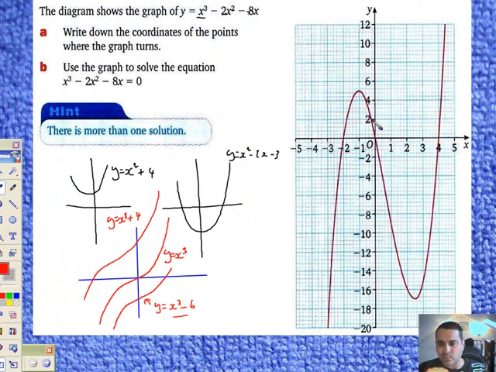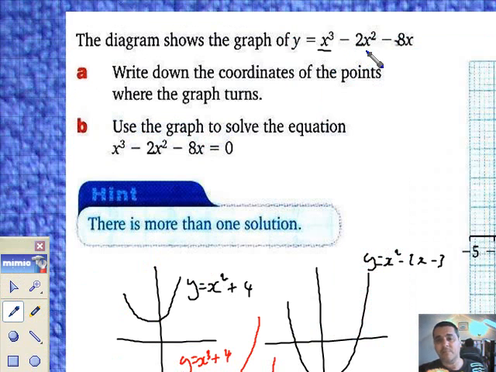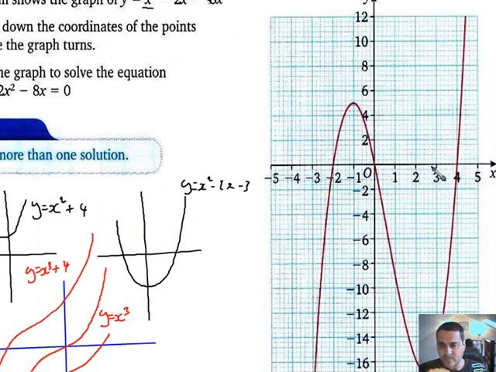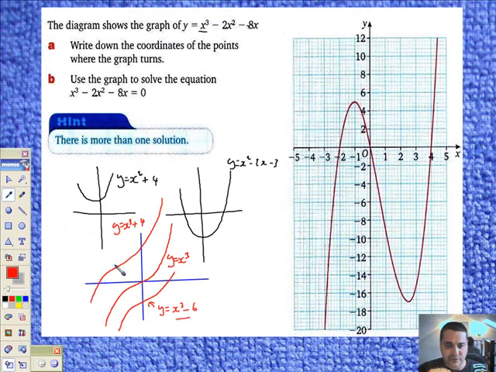But once you get these double humps here and here, we have a more complicated equation. Look at this one: y equals x cubed minus 2x squared minus 8x. That's very involved, isn't it? But still the essential shape of up, round and up persists. So you're looking for a shape that looks like this rather than a U shape or an upside down U shape in the case of a minus x squared graph.